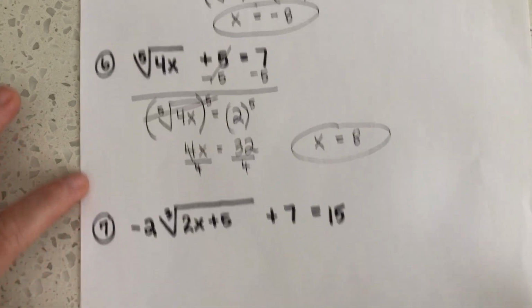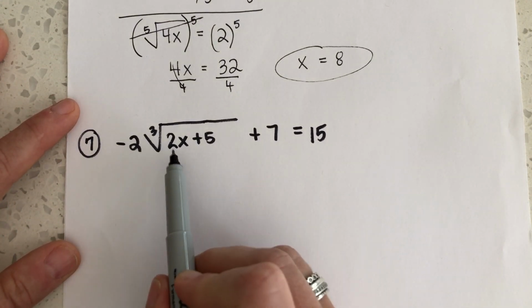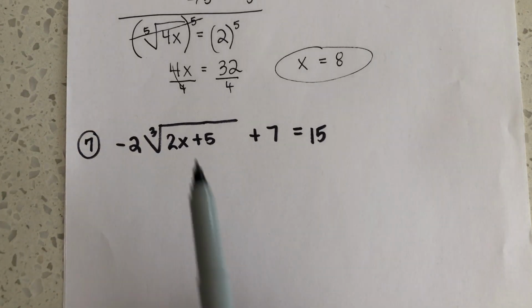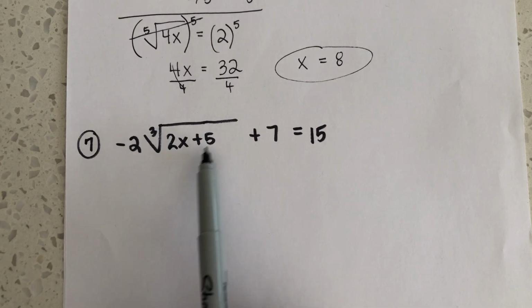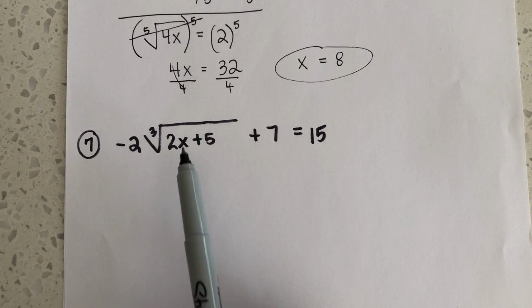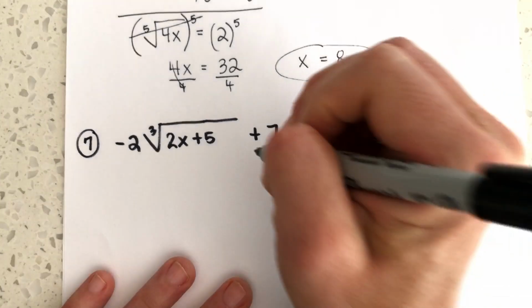All right, last one. Negative 2 times the third root of 2x plus 5, and then plus 7 all has to equal 15. So our job is to solve this for x, but right now, x is stuck under this radical. I can't get to that radical until that radical is alone. So negative 2 and 7, they gotta go. Which one goes first? The 7.